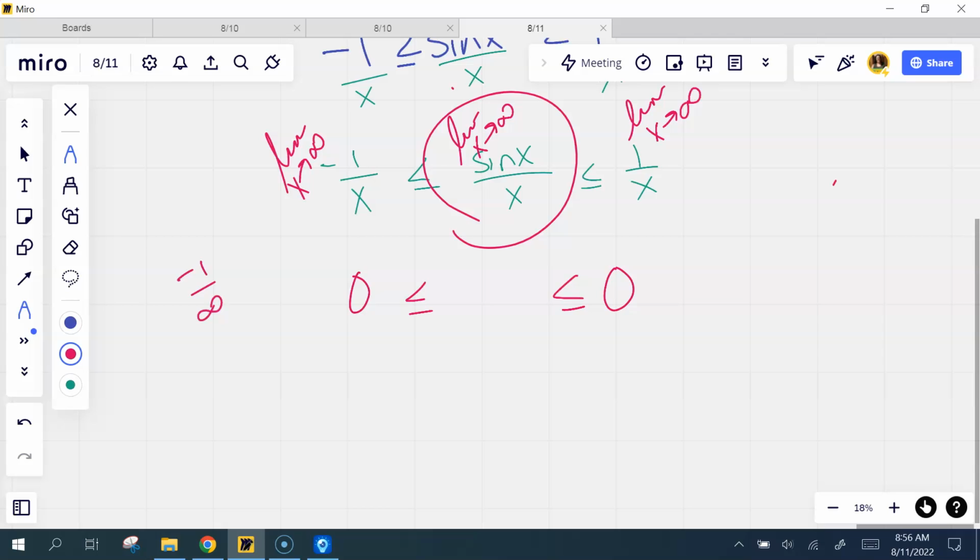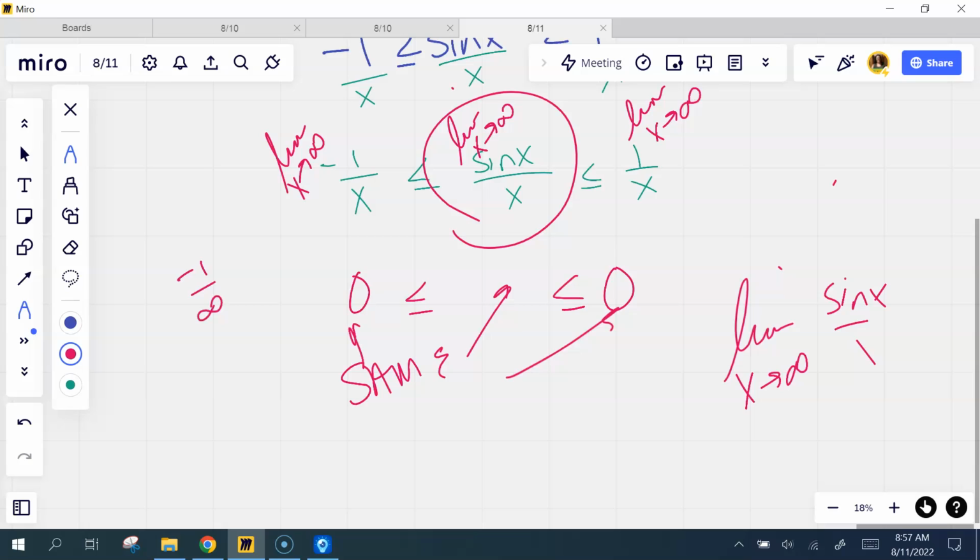You see what I'm saying? So if these are the same, then that means that this one has to be the same too. So the limit as x approaches infinity of sine x over x equals 0. Y'all good?